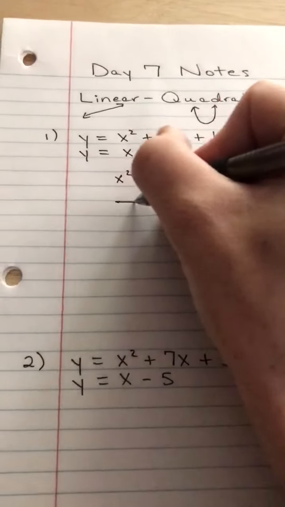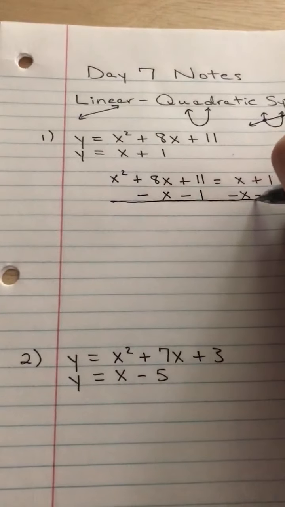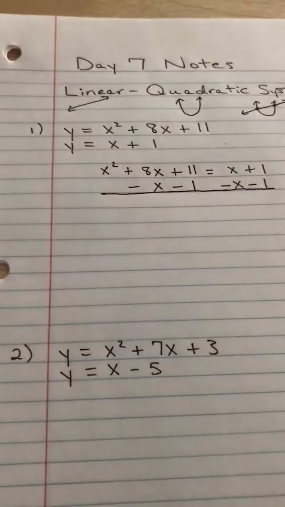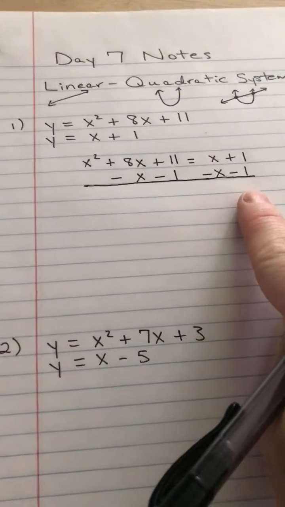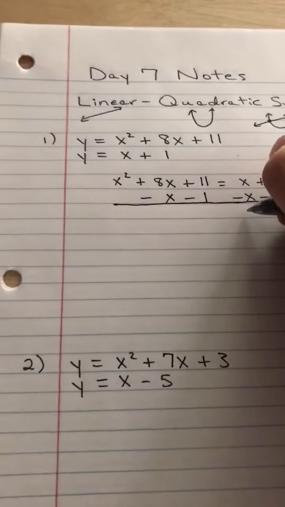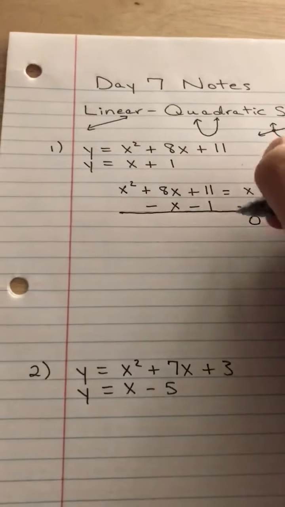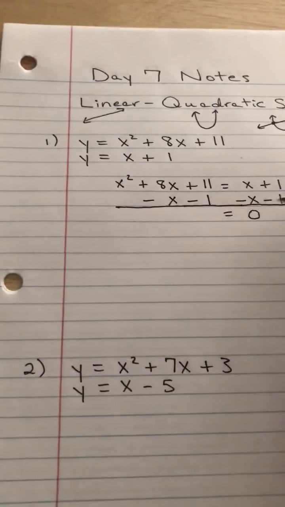Alright, then I draw my line. And we'll see what we have at the very end. First off, we know that 1 minus 1 is 0. We know that x minus x is 0. So this entire right side is going to go to 0. And I bring down my equal sign.